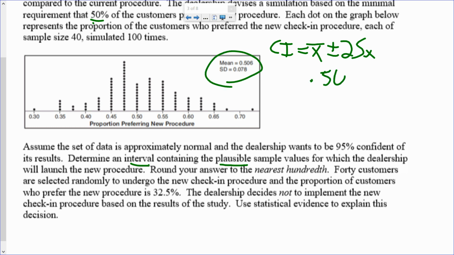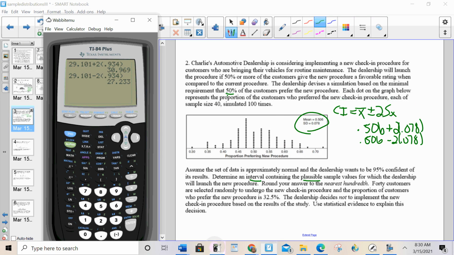The mean plus 2 times 0.078, the mean minus 2 times 0.078. Go to my calculator, 0.506 plus 2 times 0.078. And then I'm going to copy and paste that and put the minus.